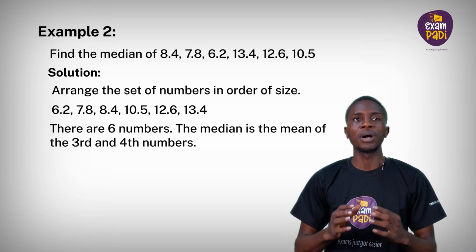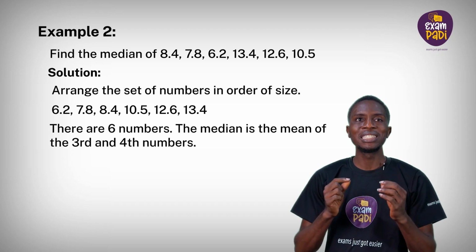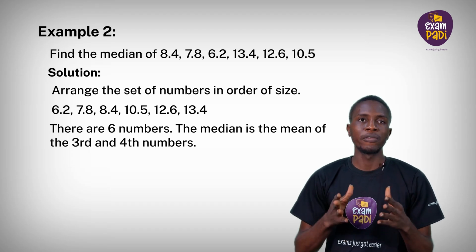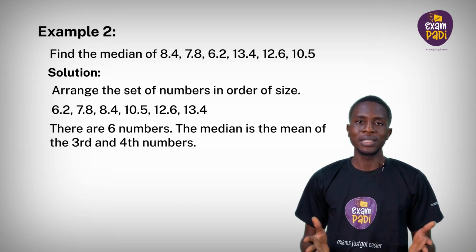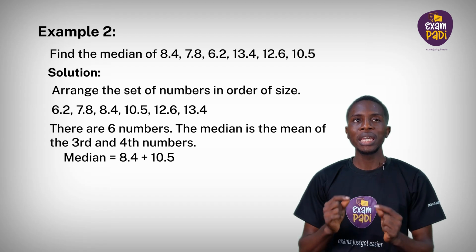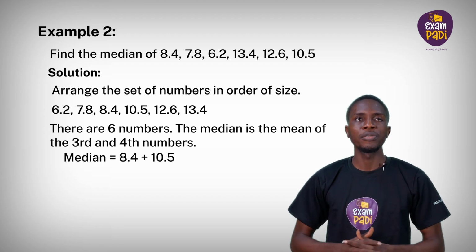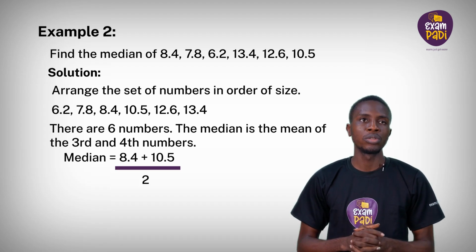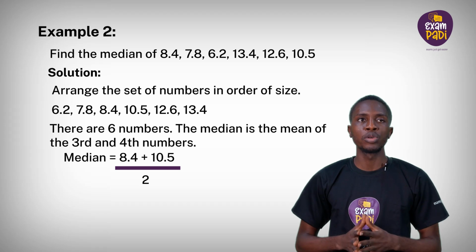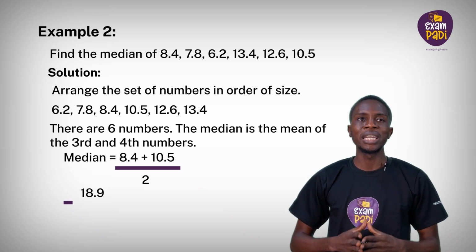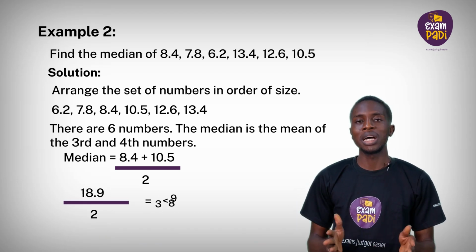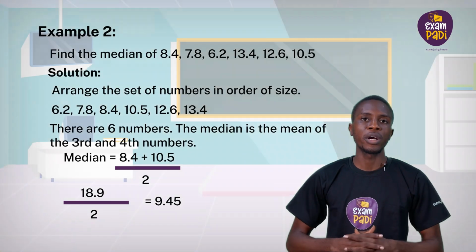There are 6 numbers. The median is the mean of the third and fourth number. That is, median equals 8.4 plus 10.5 divided by 2. The sum of the two numbers gives 18.9 divided by 2, and that gives us 9.45.